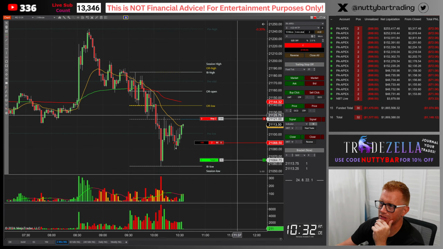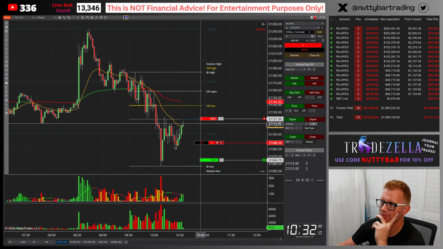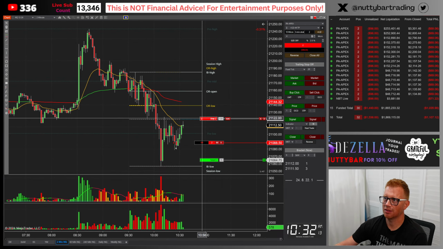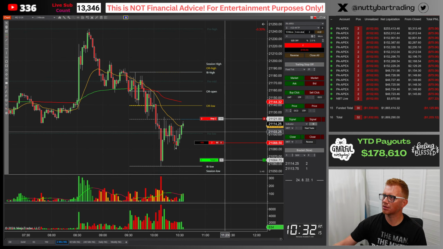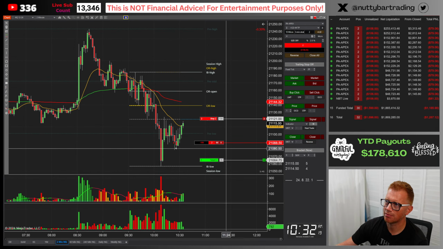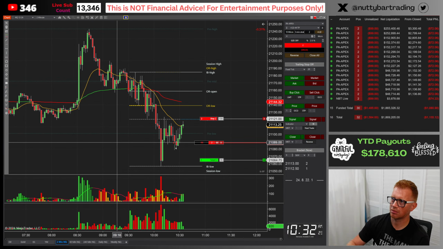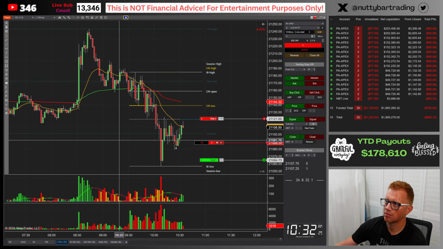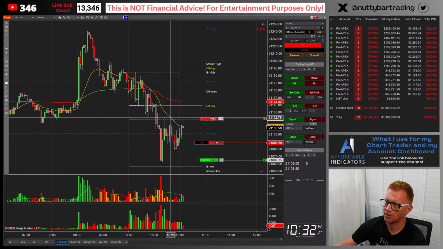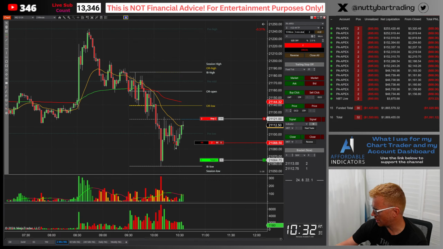This is not good. Looks like this might be the reversal. Our last hope is to reject off of this EMA here, maybe. But it's looking very bullish.